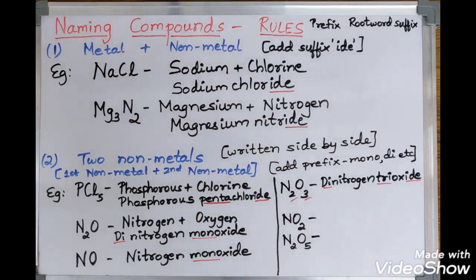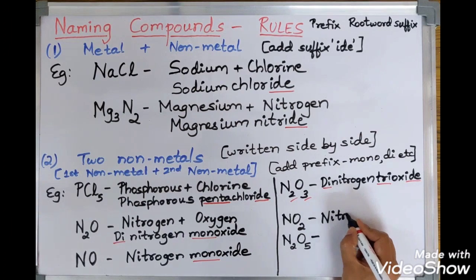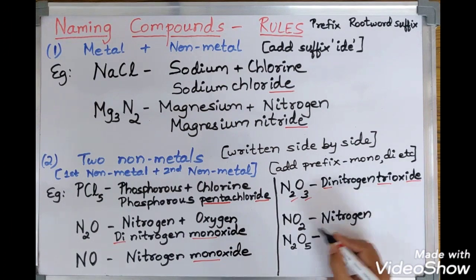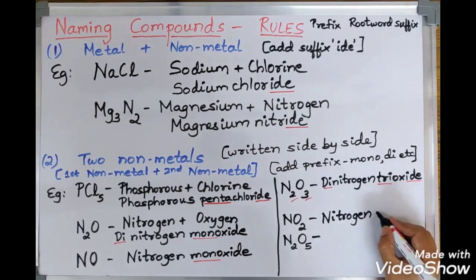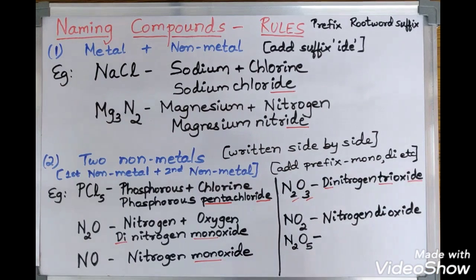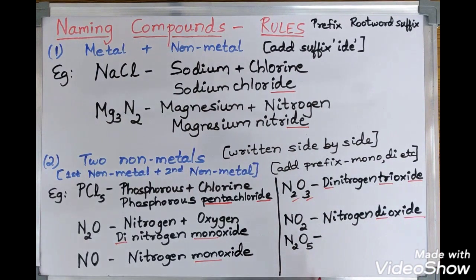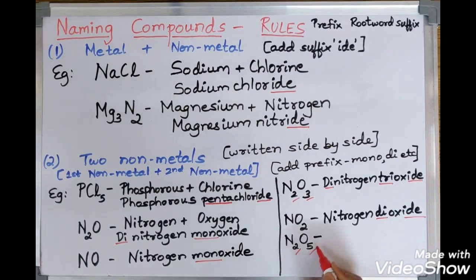Then NO2. Because there is 1 atom of nitrogen, we just write it as nitrogen, but oxygen we have 2 atoms. So the prefix for 2 is di, oxide. So we have the suffix as it is according to the first rule and the prefix di here. Now here we have 2 and 5.